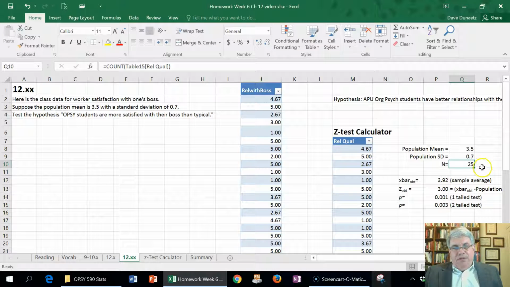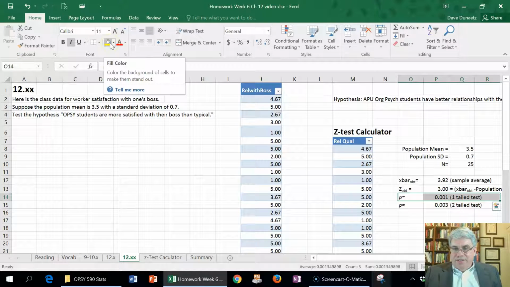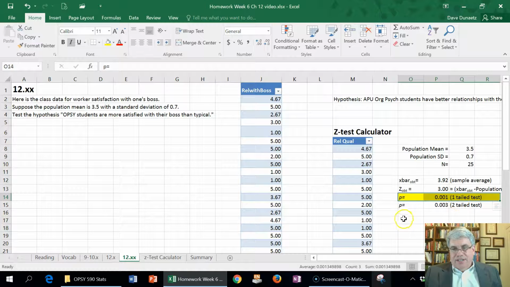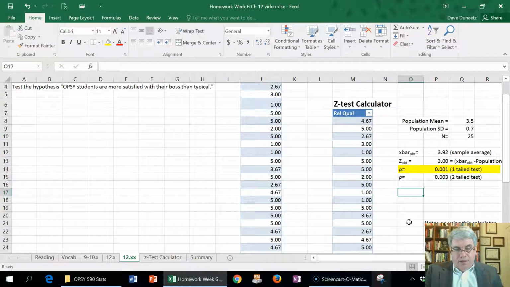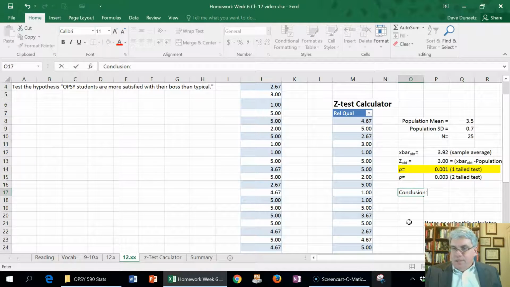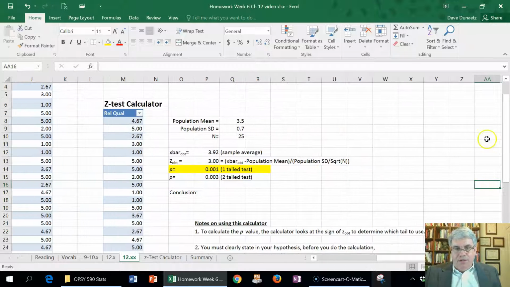But actually, this is a pretty good size sample, 25, and our z obtained is actually 3. So the probability for a one-tailed test of getting a z-score that high is pretty low, 1 in 1,000. So we can conclude, so our conclusion here, let's move things over to gain more space here.